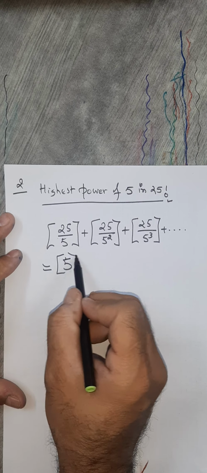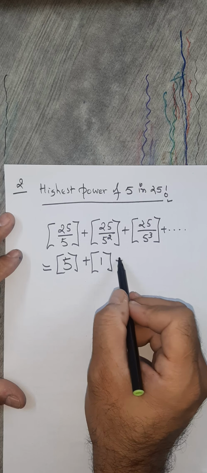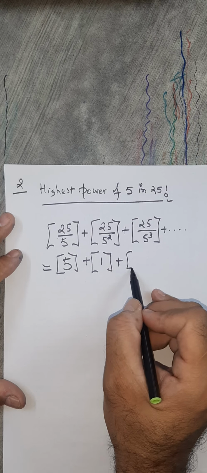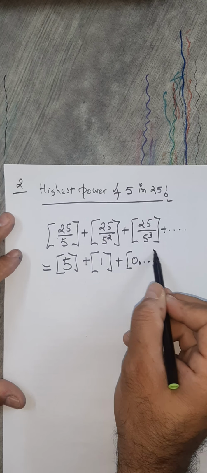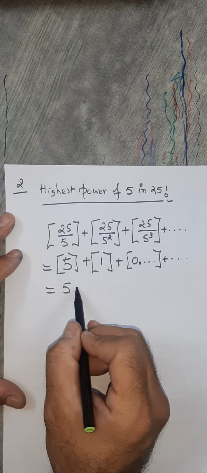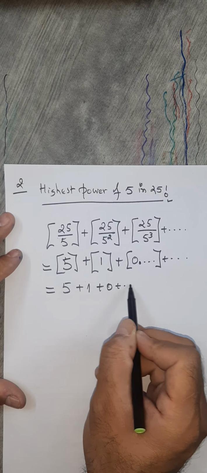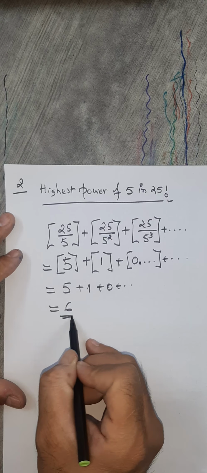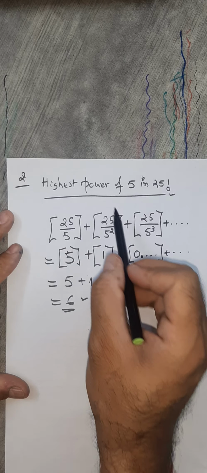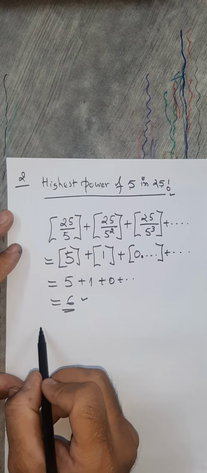And the box value of an integer is the integer. What is this? This is 1. How much will this be? 25 by 125. That's 0 point something, whatever it is. And so on. Box of 5 is 5. Box of 1 is 1. Box of 0 point something is 0. And so on. So what's this? 6. Right? So the highest power of 5 in 25 factorial is 6.